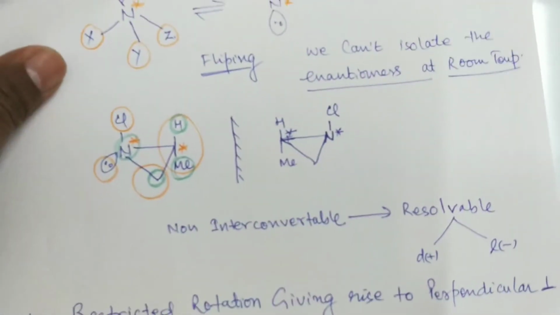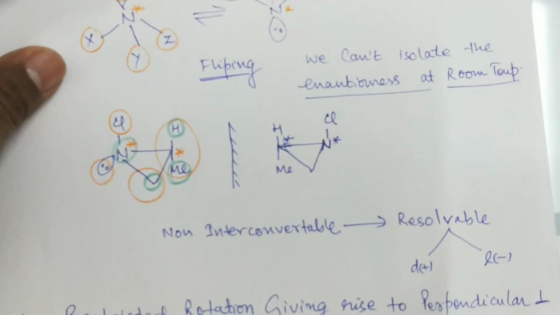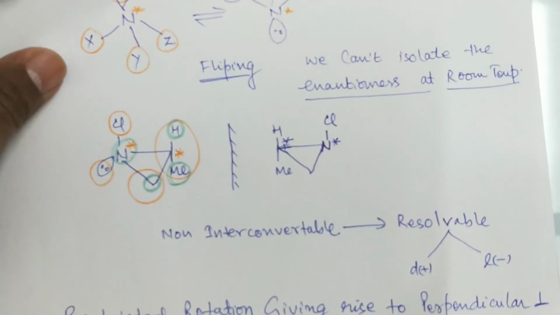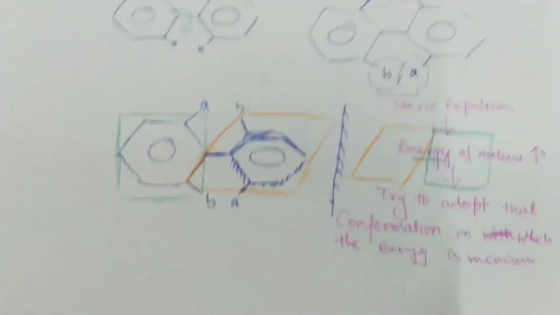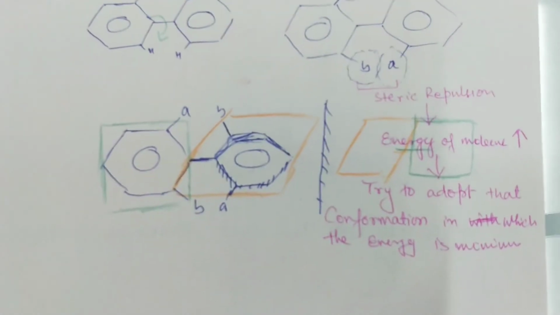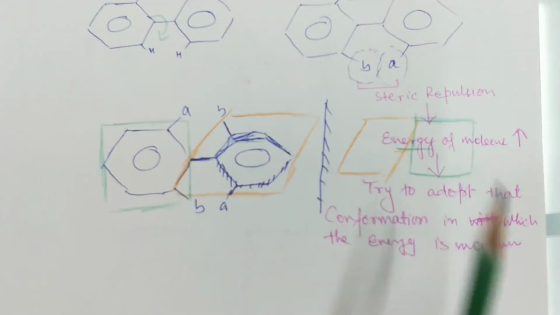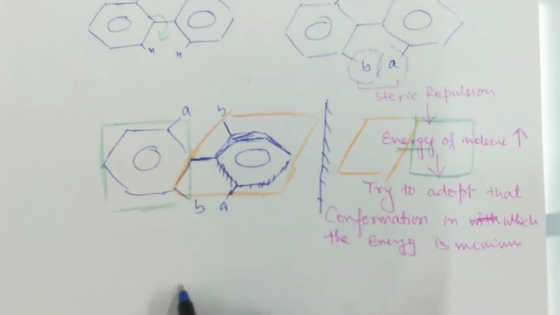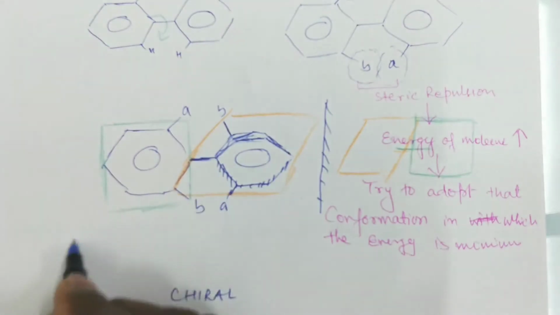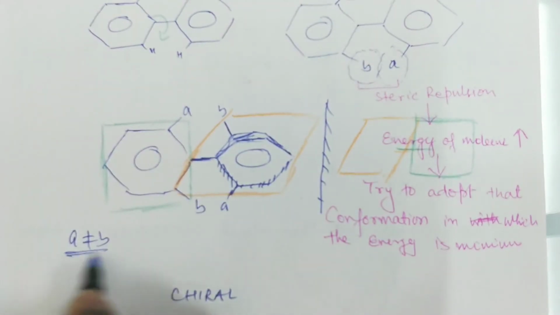So this is called what? This is called restricted rotation giving rise to perpendicular dissymmetric planes. So these two planes are perpendicular, and they make the molecule chiral. So this molecule is chiral. So what is the condition? A should not equal B, and the molecule is chiral, meaning they are enantiomers.